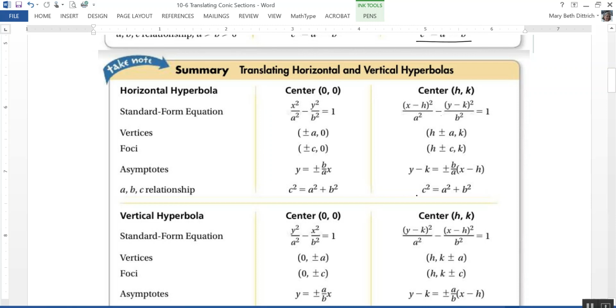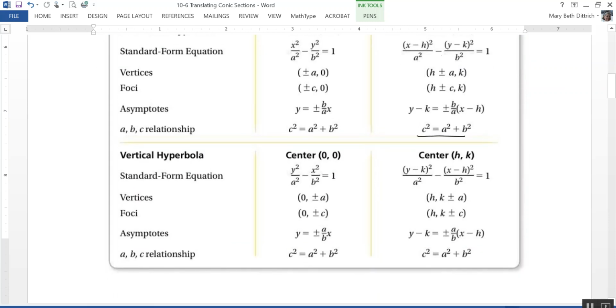And then remember, the relationship between a, b, and c in a hyperbola is basically the Pythagorean theorem. For a vertical hyperbola, the center at (h, k), notice that y comes first, and remember a does not have to be bigger than b, and the relationship again is the Pythagorean theorem.